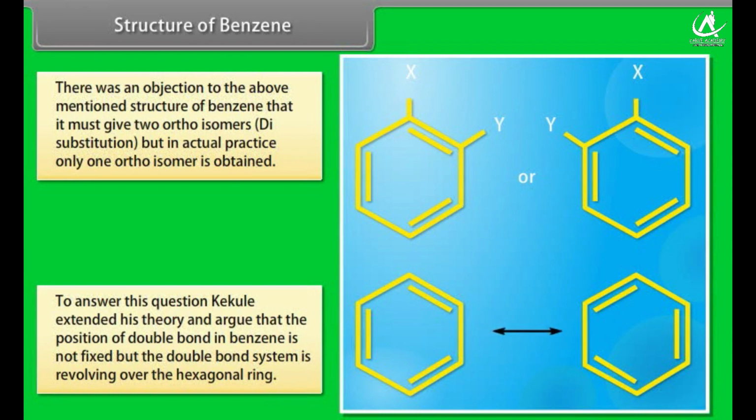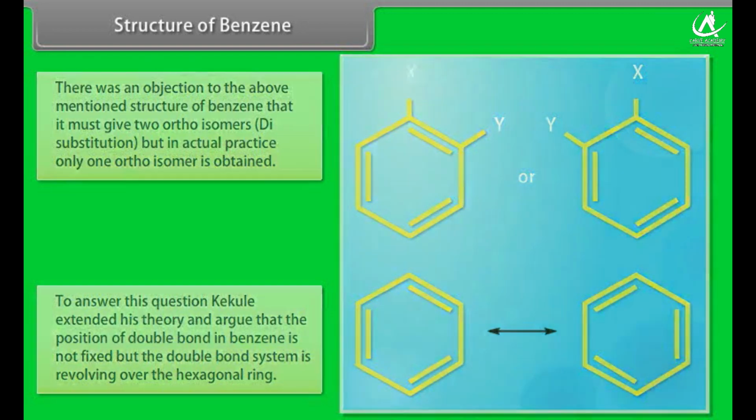To answer this question, Kekule extended his theory and argued that the position of the double bonds in benzene is not fixed, but the double bond system is revolving over the hexagonal ring. He proposed the given structures and said that all C-C positions have a partial double bond character.